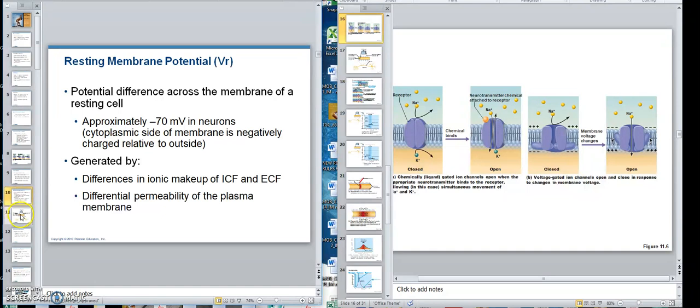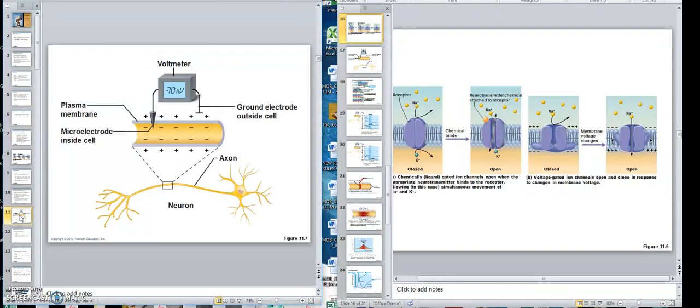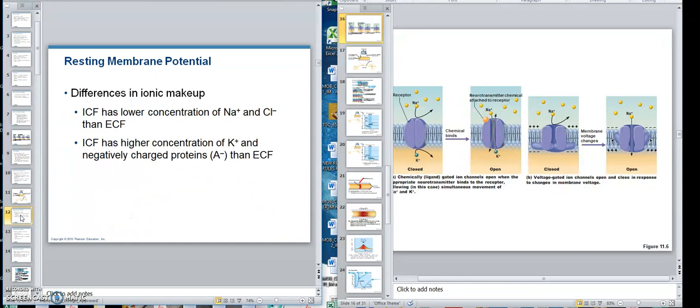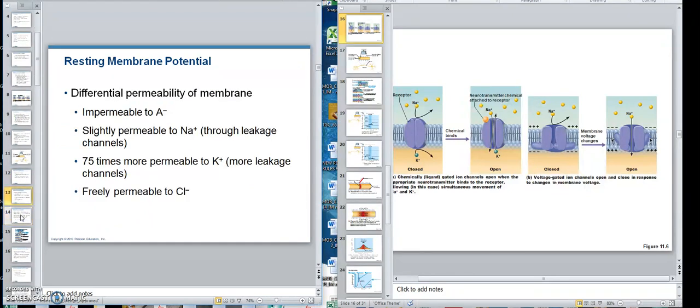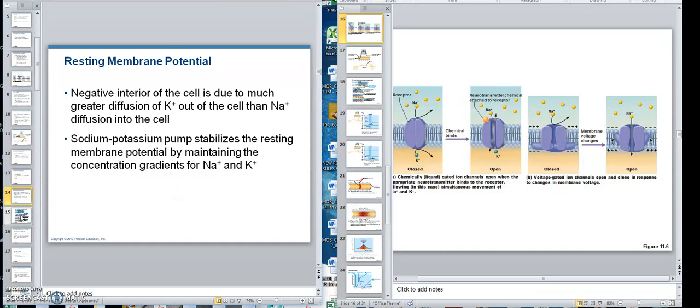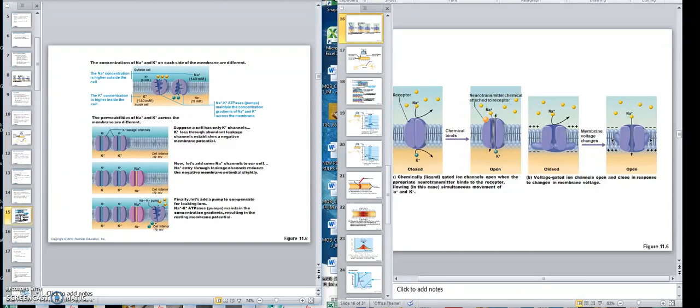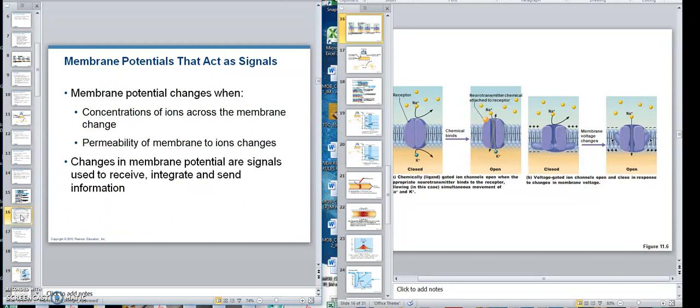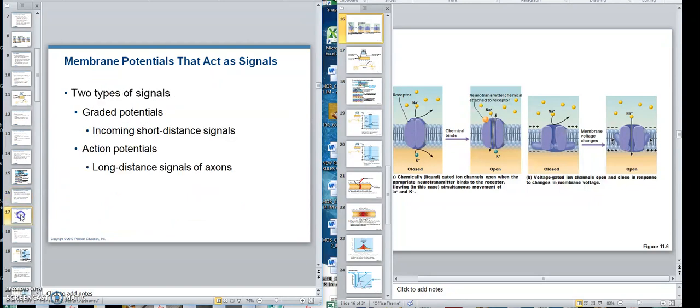We'll go a little further. We talked about this, the voltage, intracellular fluid, extracellular, resting membrane potential. So this one you can just review, but you should be able to understand everything very well.